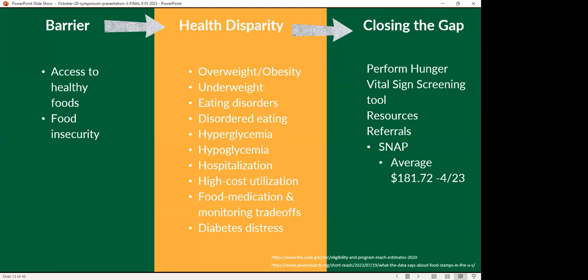So the average for SNAP, which is the nutrition program, was $181.72. Now WIC, which is the Women, Infants, and Children program, which covers women that are pregnant, postpartum, infants, and children up until the age of 5, serves only 50% of those who are eligible.